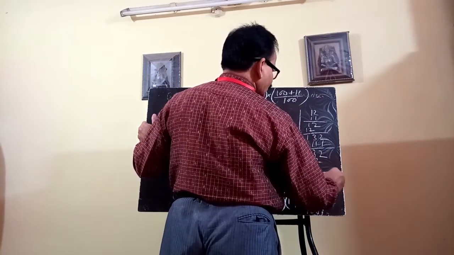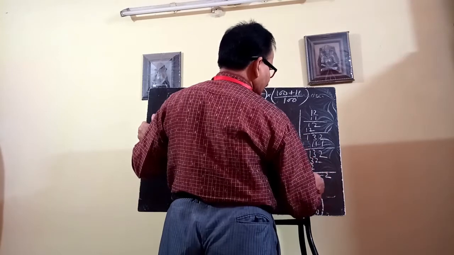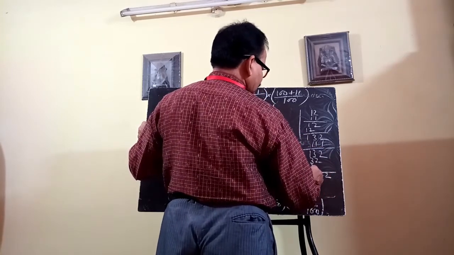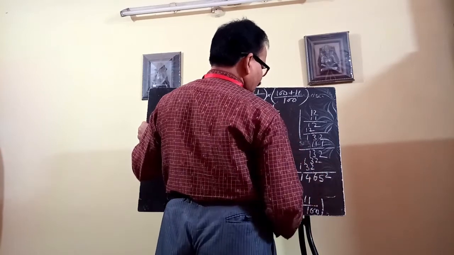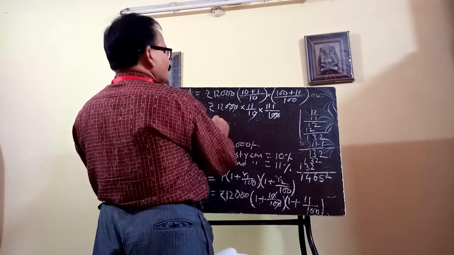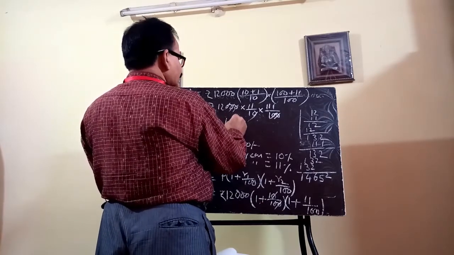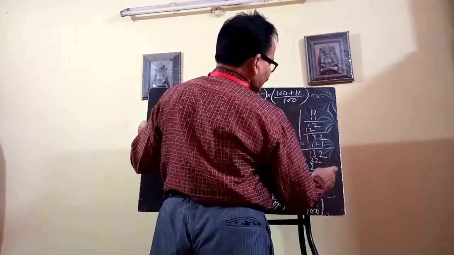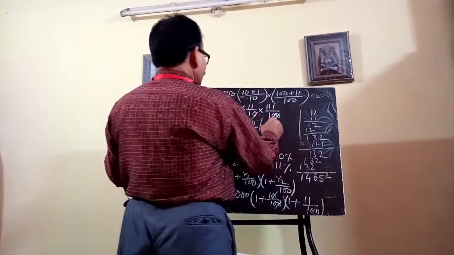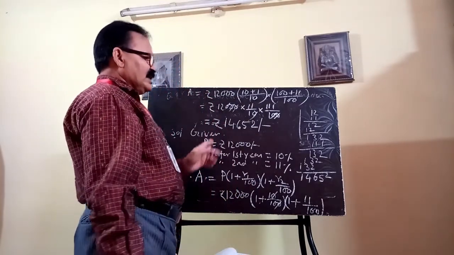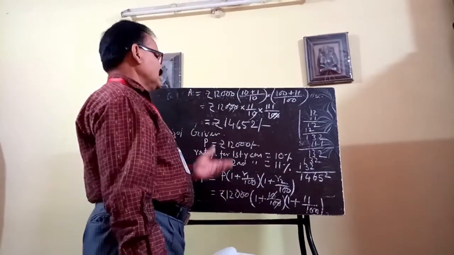So this is 2, 3, 2, 5, and this 5, 6, 4, 1. 14652. So your final answer is rupees 14652. 14652 is the final amount at the end of 2 years.